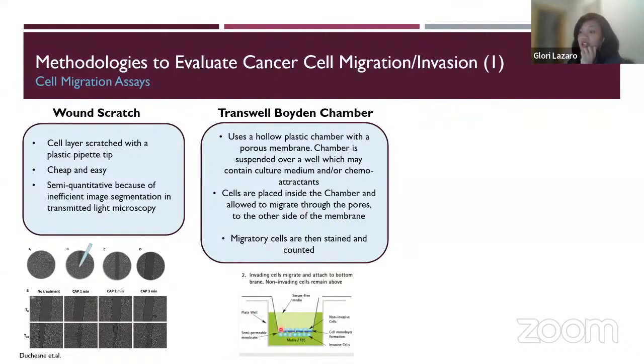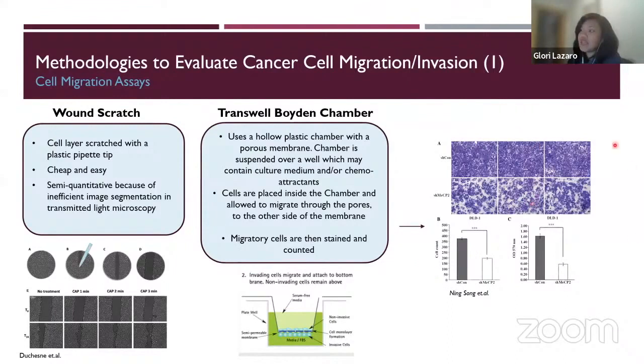You have the cells here on top, and then you have a membrane na maraming butas, and then you add the media, the soup na I was talking about earlier, and then you allow the cells to migrate onto the other side of the membrane, and then you can actually count the number of cells here, to see, if you add a drug on top, does that inhibit migration of these cells towards the other side? So again, that's another system that we use to study cancer cell migration or invasion.